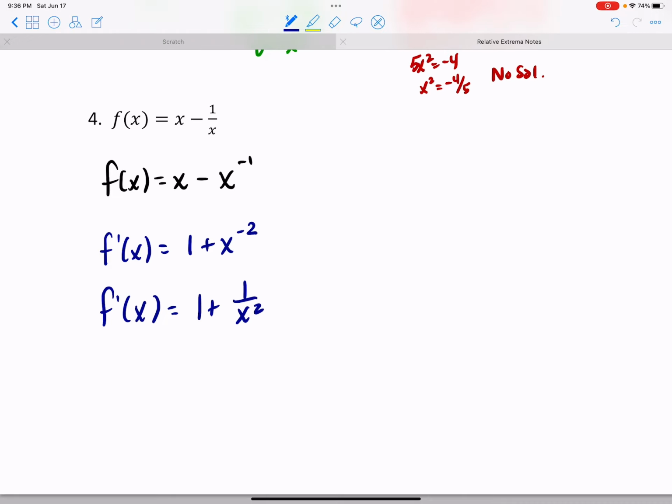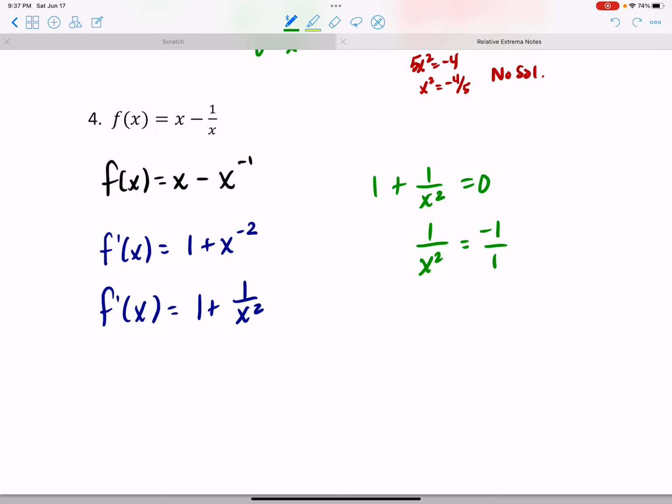So where's this thing going to equal 0? Where is it going to be undefined? Let's start with, can I make 1 plus 1 over x squared equal 0? Well, let's see. I subtract the 1 over and make it a fraction so I can cross multiply. I'm hoping you can already see how this is not going to work. If I want to cancel this +1, then I need to make this a -1, and I can't do that.